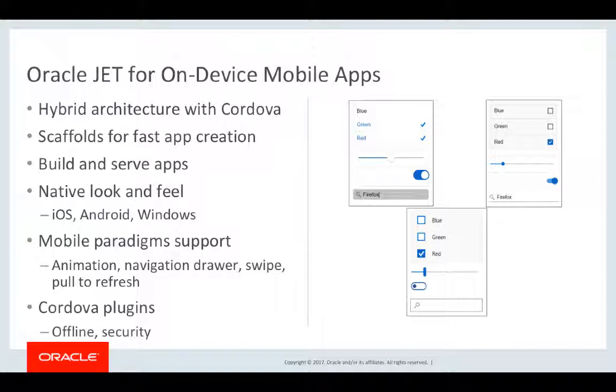The components themselves support native look and feel for iOS, Android, and Windows platforms, and a lot of the mobile paradigms that you might be familiar with, things like animation, swipe motion, pull to refresh, and navigation drawer, that make your application look and behave like a native mobile application. At the end of the day, we package everything as a Cordova installation that you download from the app stores and install on your device.